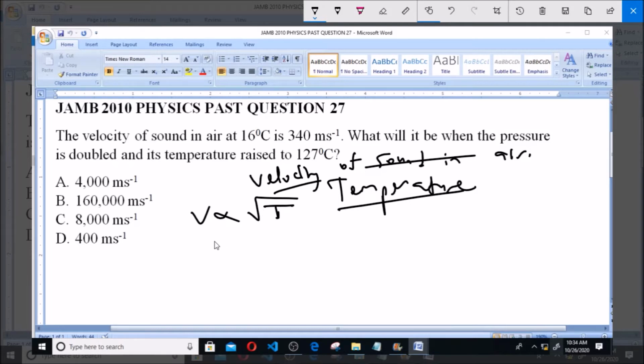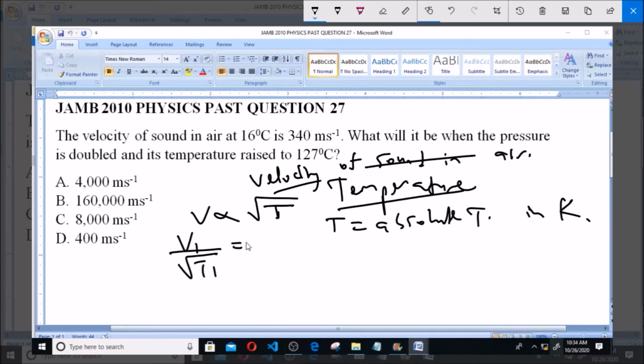T, of course, has to be absolute temperature, that is in Kelvin. So if you have two velocities and temperatures given to you, it will be V1 over root T1 is equal to V2 over root T2.